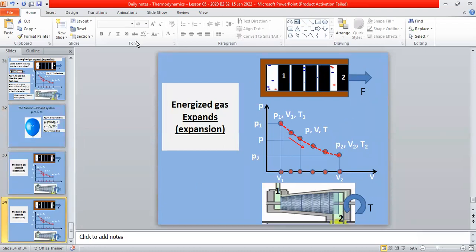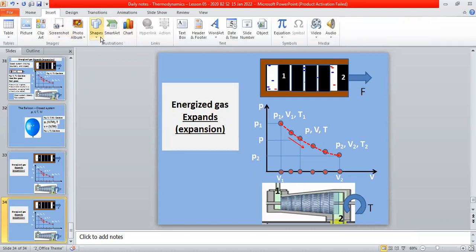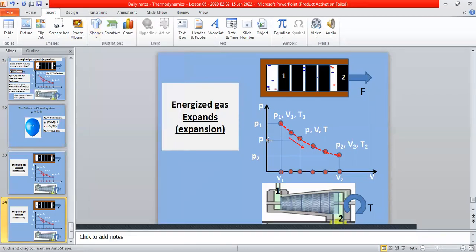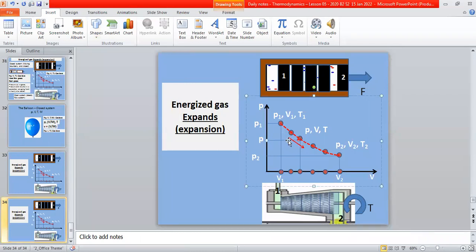Let's say here, not bringing some maths here, but I'm just drawing a line. Let's say this is the average line, P average.